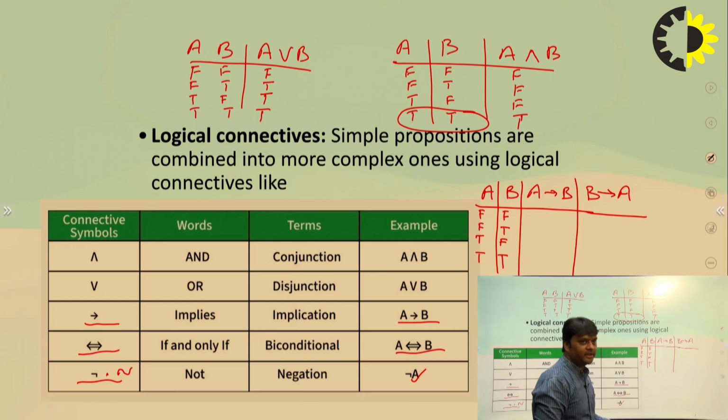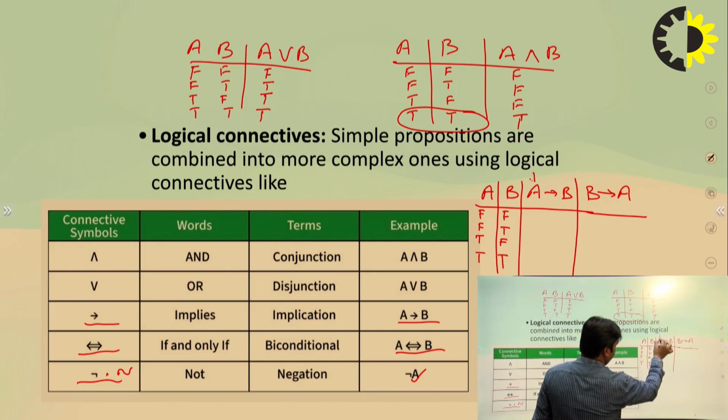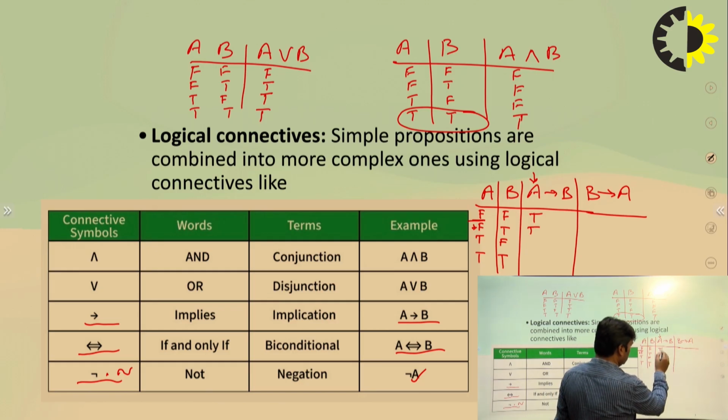If the first element is false, then the result will be true. So for A implies B, the first element is A, then we check if the first element is false, then the output will be true. Here we check the first element is false, then the output will be true.